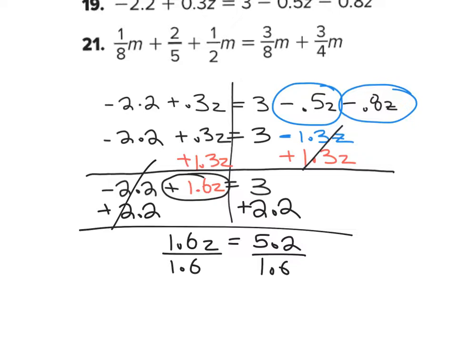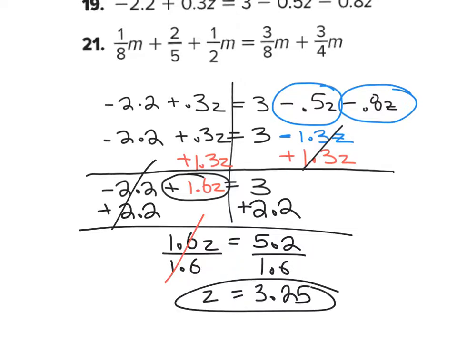Now you are allowed to use a calculator. These problems will take a pretty long time if you don't, so that is absolutely fine. Anything divided by itself is 1, so go ahead and cross out your 1.6 divided by 1.6. And 5.2 divided by 1.6 is 3.25. So that's what my variable z equals.